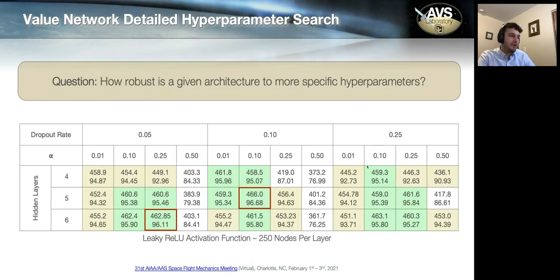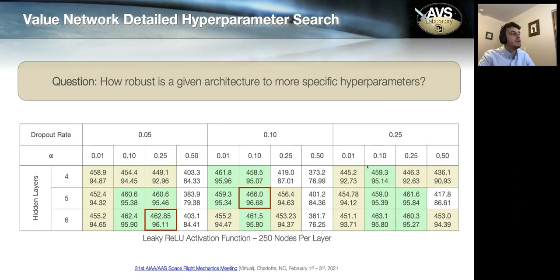Another thing we did was we grabbed a specific leaky ReLU architecture at 250 nodes per layer, and we wanted to look at how some of the other parameters affected the performance. And what we found was that it's actually fairly robust to the other hyperparameters, like the dropout rate, which is just the probability that a node is randomly dropped during training, or alpha, which controls the slope of the activation function for x less than 0.